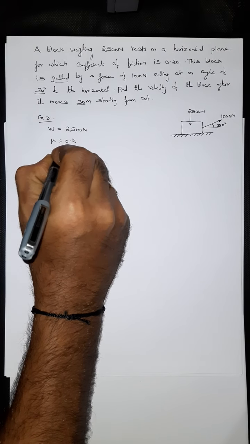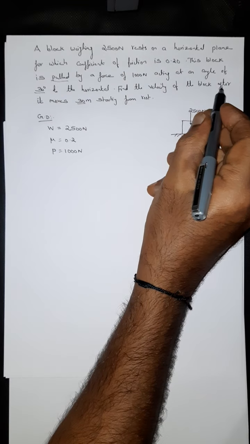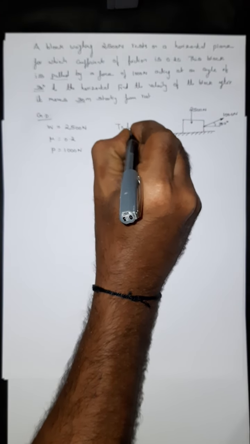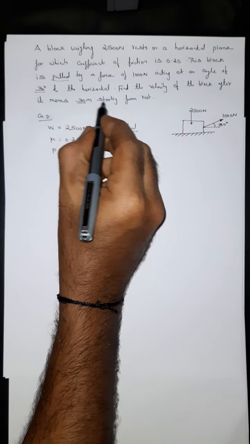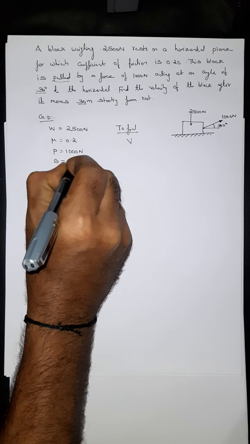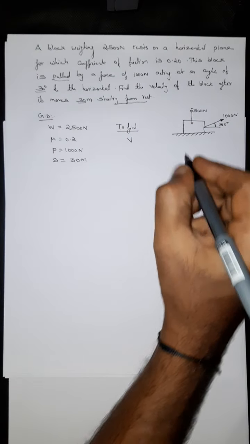So P equal to 1000 Newton. Find the velocity of the block after it moves 30 meter. So the displacement is 30 meter, starting from rest.